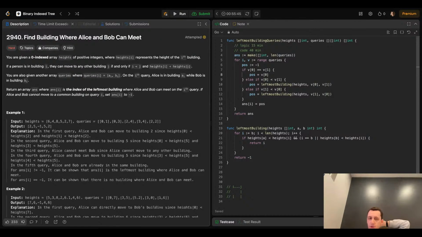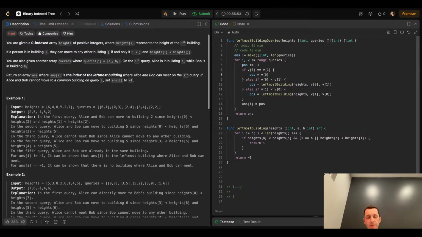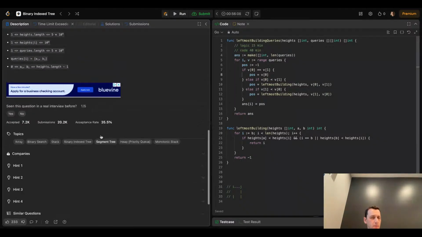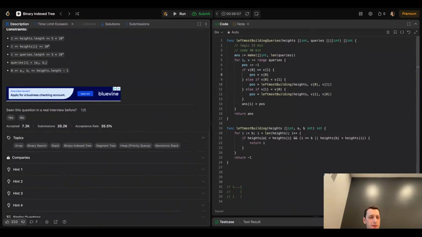Okay. To summarize, it looks like if these are all the topics and we need to use a heap here, it's kind of a longer solution. I mean, stack is fine, but implementing a heap, at least in Go, I don't think there is a special method for it, at least I don't remember one.